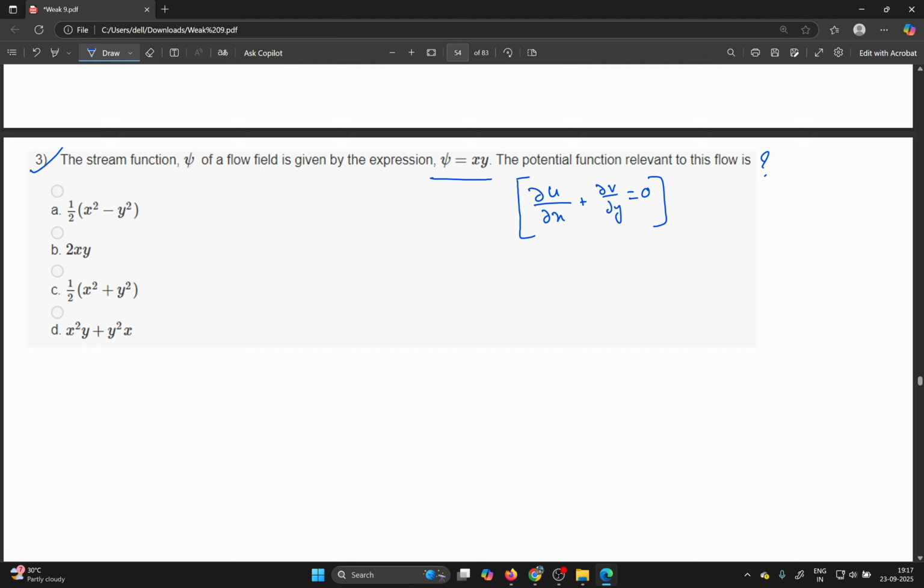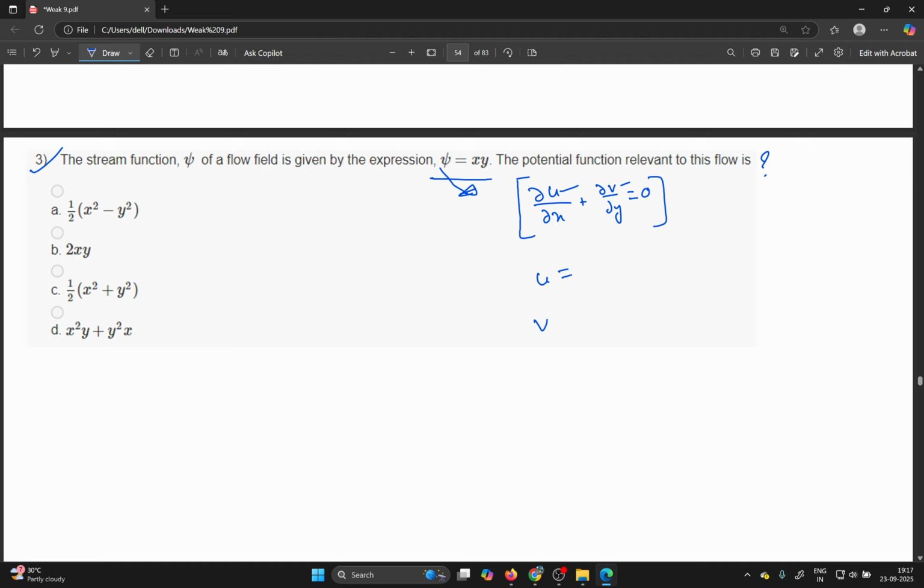These are the variables u and v. If I want to convert these in terms of this psi function, in terms of your stream function, then what do we need to put in place of u and in place of v?